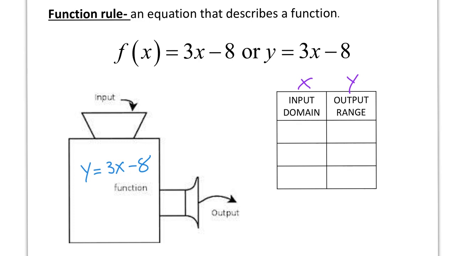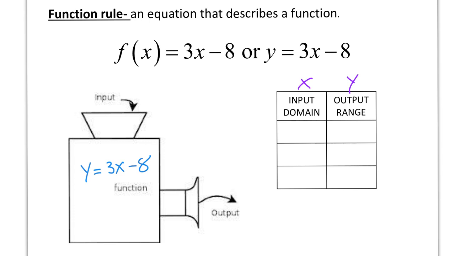Now, more likely, in your math class, your teacher is going to give you guys a table with the X values already. Usually that's what we do in a math class. But if you guys do not have numbers for X's, you guys can choose any numbers you want.